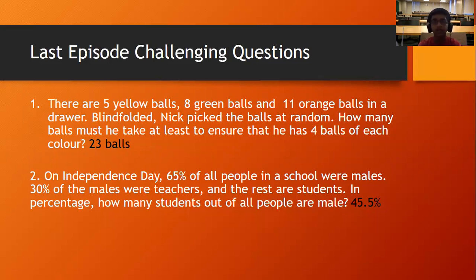So if 30% are teachers, the students are basically 100% minus 30%, which is 70%. 70% of the males are students. Now we have that. 70% of 65% of all the people are boys. Male students are boys. So how do we get the answer? Well, like I said, 70% of 65%.